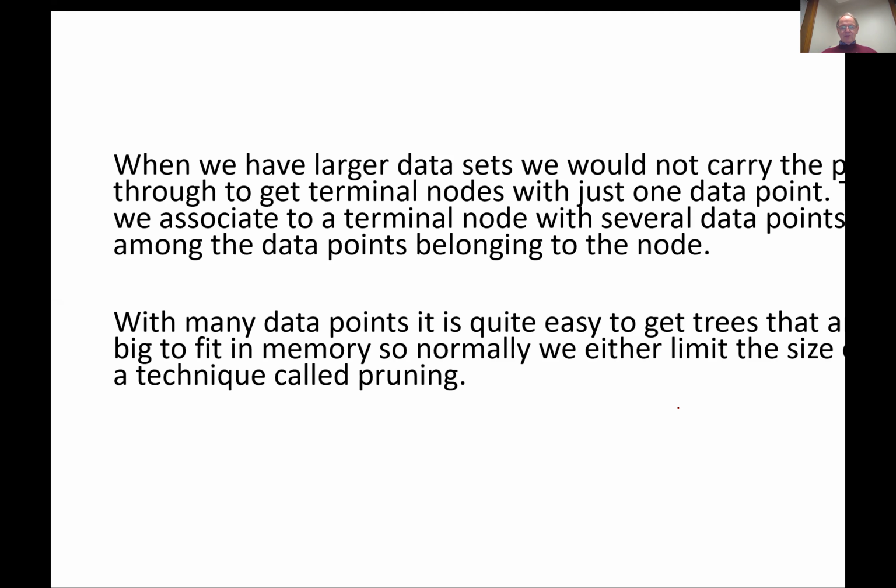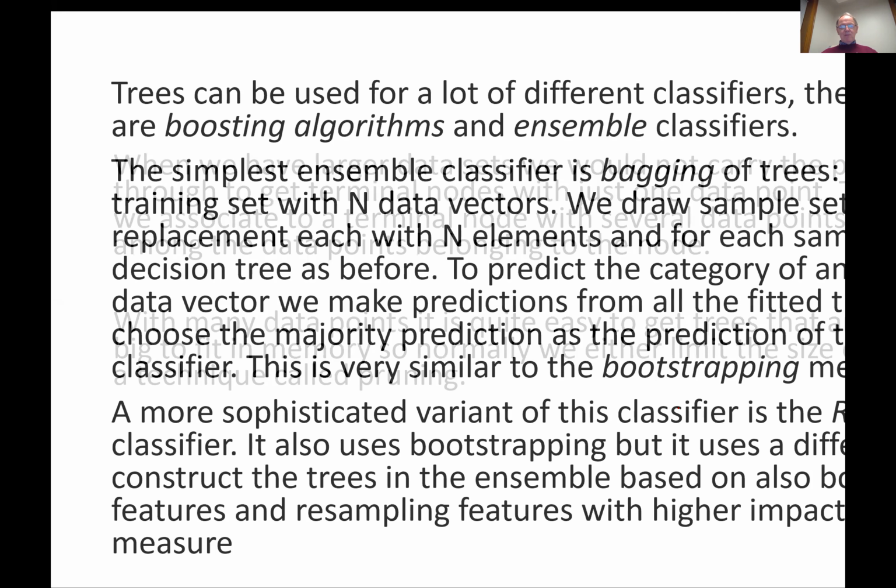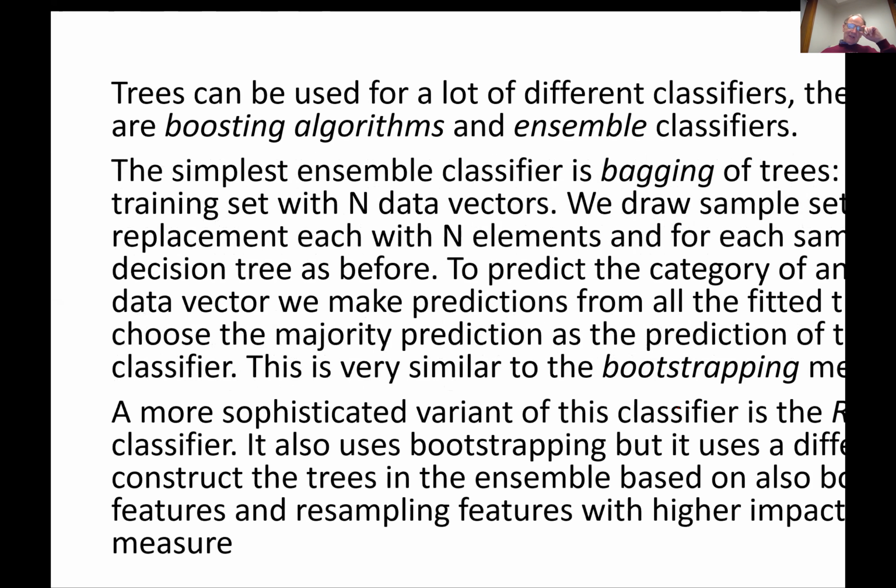Decision trees are the basis for a number of other algorithms, some called ensemble algorithms and boosting algorithms. The simplest example of an ensemble classifier is what's called bagging, a bag of trees.